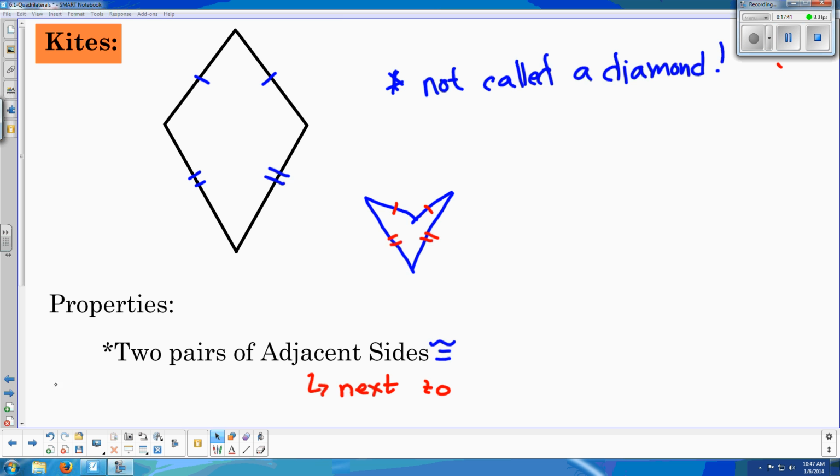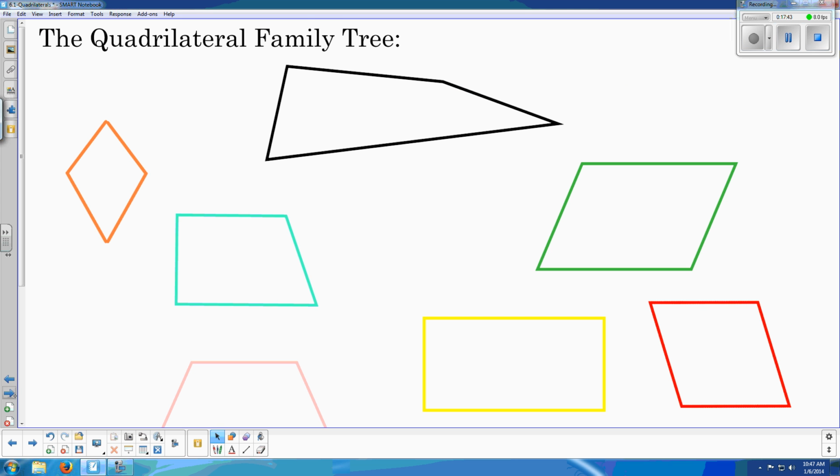Okay, I know you're probably getting tired of listening to me, so the last thing we're going to do is our quadrilateral family tree. I promise this is the last thing that we're going to do. So, first thing, top of our family tree is quadrilaterals. Now, it's the family tree. This is the top dog. Okay?